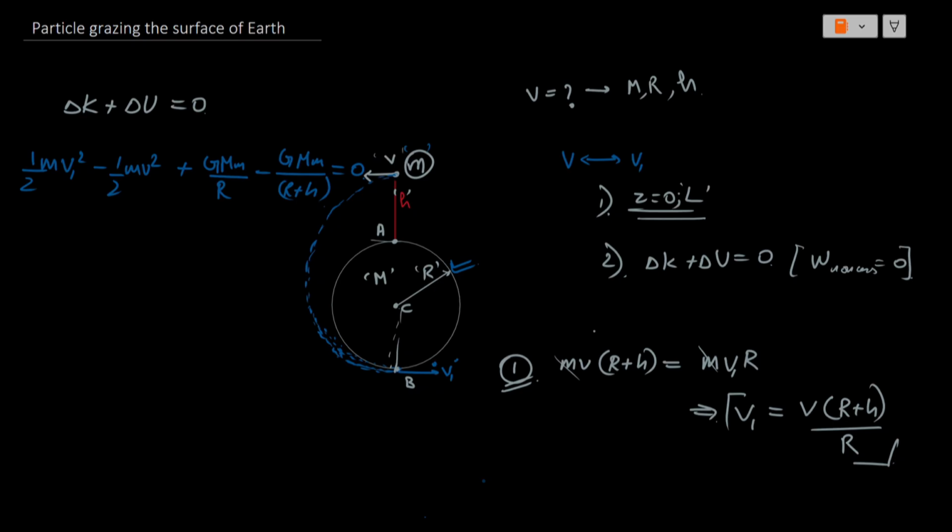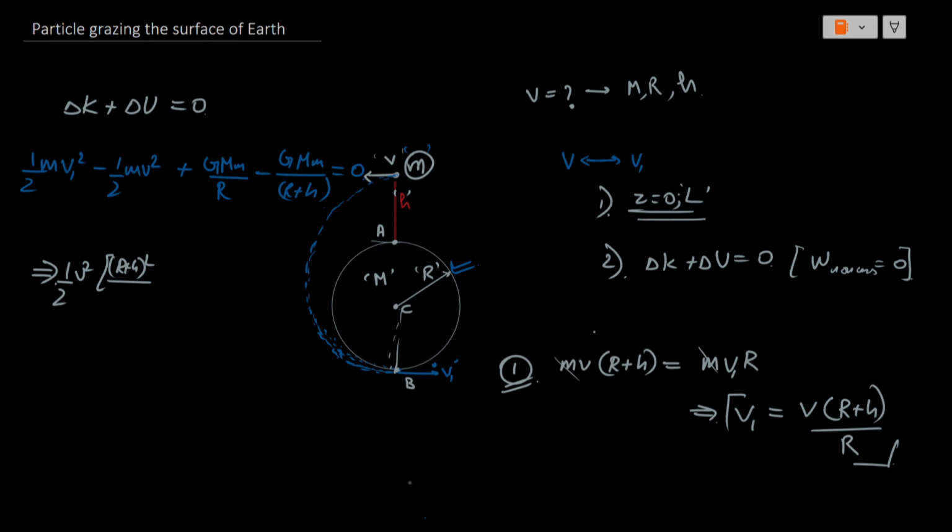And now solving for the relation, half v squared times ((R plus h) squared by R squared minus 1) is equal to GM times (1 by R minus 1 by R plus h), right? So we have this equation, which then further resolves.